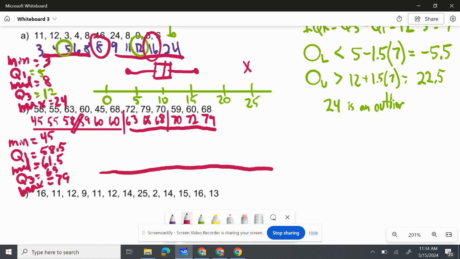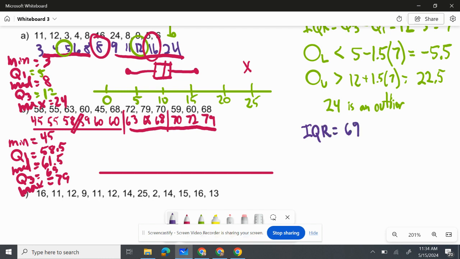Before we do our box plot, we're going to find our outliers. First we find our IQR, which is Q3 minus Q1. So we have 69 minus 58.5, which gives us 10.5.